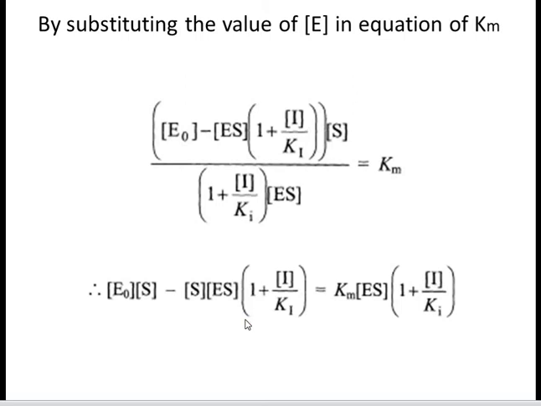Therefore we get concentration of E0 into concentration of S minus concentration of S into concentration of ES in brackets 1 plus concentration of I divided by K capital I, is equal to Km into concentration of ES in brackets 1 plus concentration of I divided by K small i.